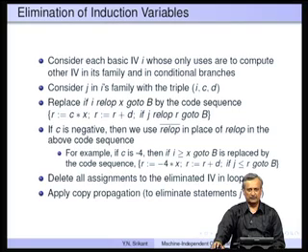What we need to do whenever we change the sign is to complement the relational operator as well. So, if you have less than, you must replace it by greater than. If you had less than or equal to, then you must replace it by greater than or equal to, and so on and so forth. So, if c is negative, then we use rel-bar, that is the complement of that relational operator, in place of rel in the above code sequence.